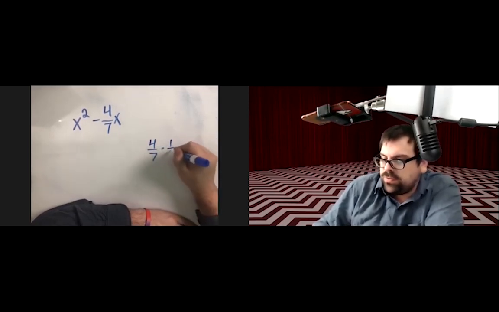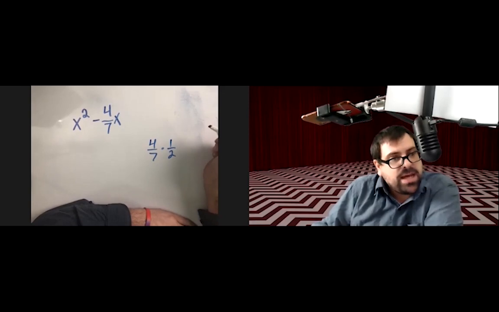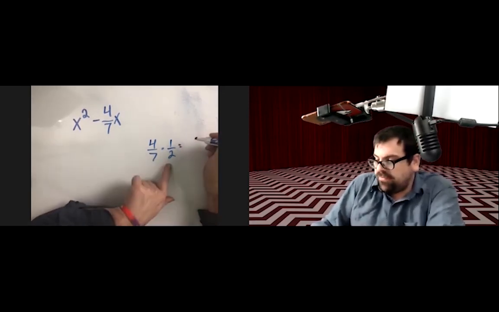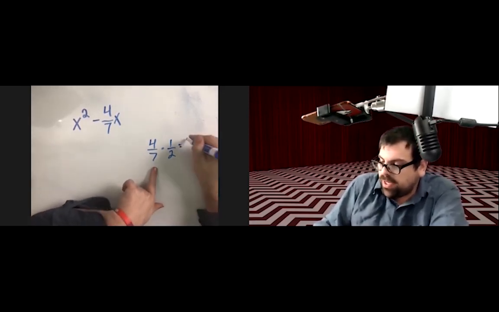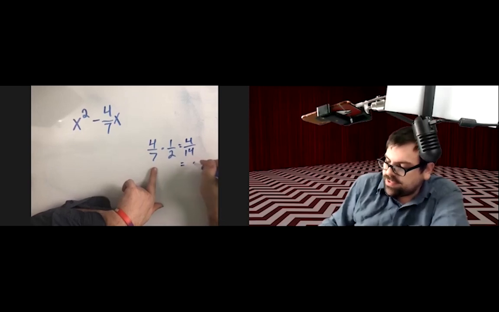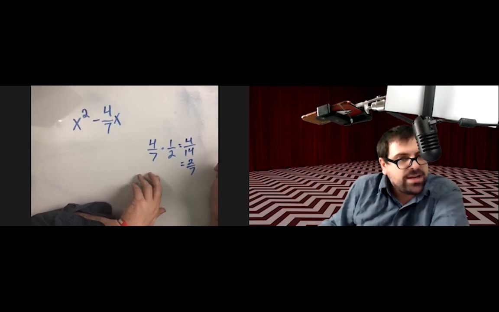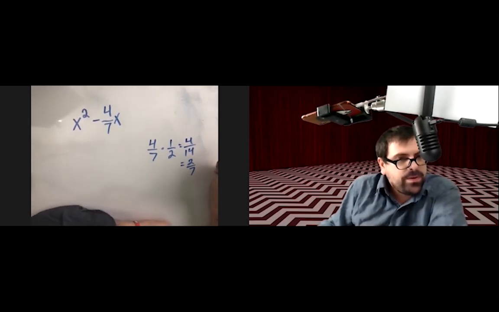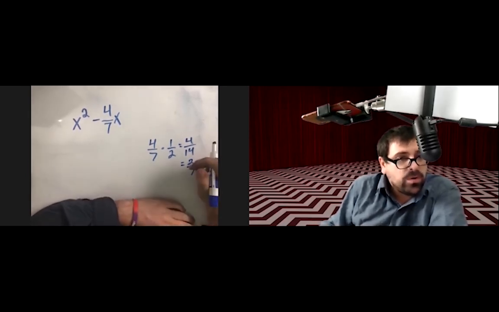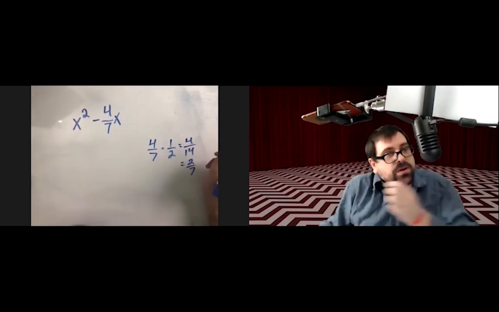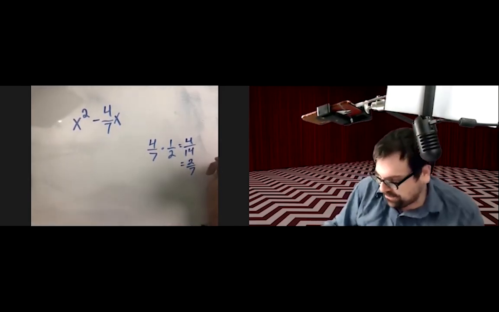Divided by 2, taking half is the same as multiplying by 1/2. It effectively multiplies 2 in the bottom, 4/14. And then that reduces to 2/7. So that's how we take half of a fraction. Either multiply a 2 in the bottom and you're good, or it'll give you something that reduces further, and you do that.